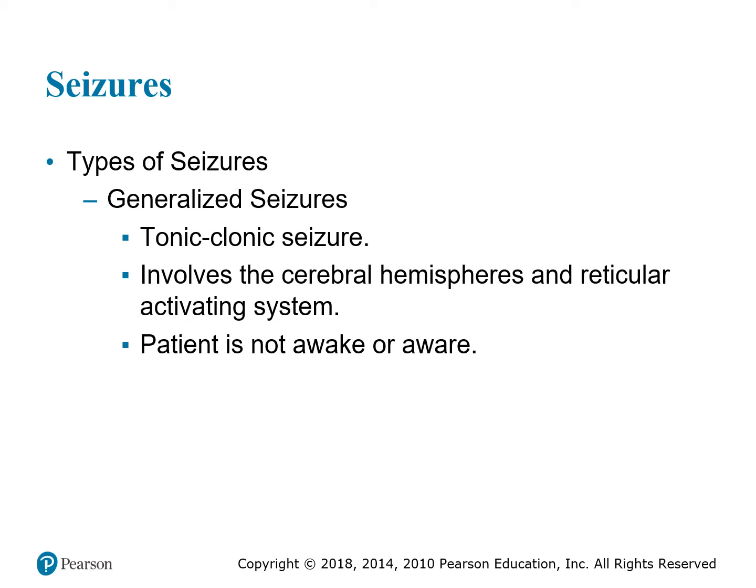When your patient has a clonic seizure, then we're thinking of a convulsive seizure. So that's your typical shaking or spasms of the body and limbs to where they have uncontrolled movements. And a tonic-clonic seizure is when you have the presentation of both, where they start off in that tonic state and then proceed into a clonic seizure.